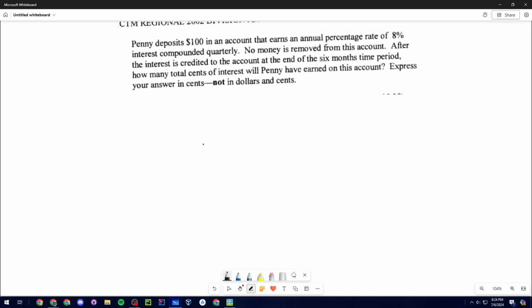Compounded quarterly. I'm trying to remember the formula. I think if it's compounded quarterly, it just means 100 times 1.08 times 1.08, because you're compounding after 6 months, which is just 2 times.